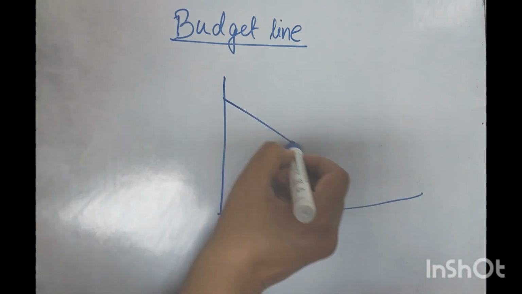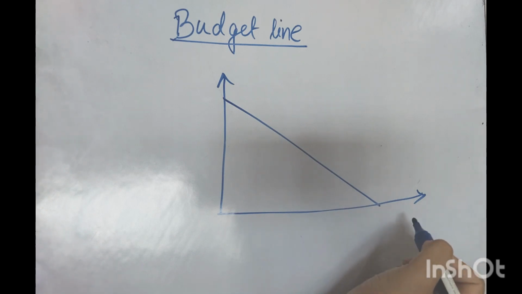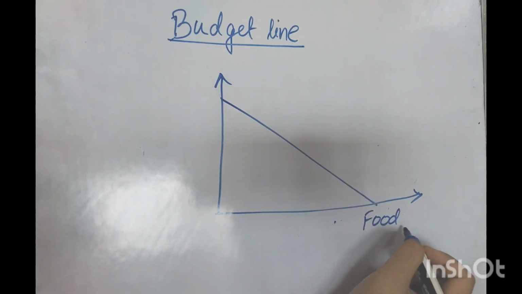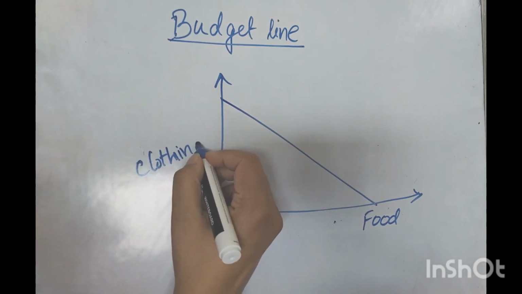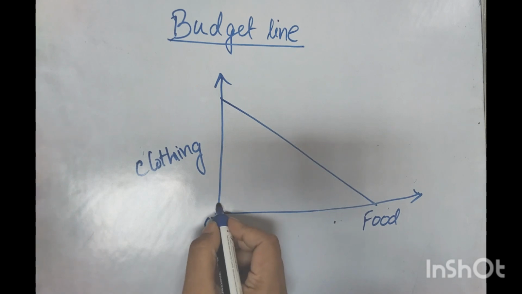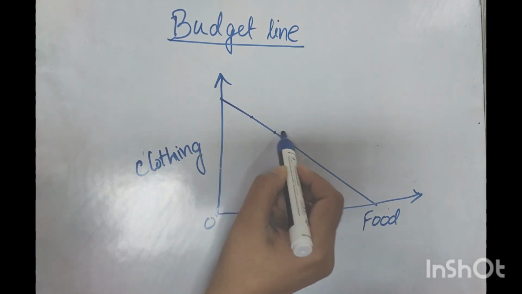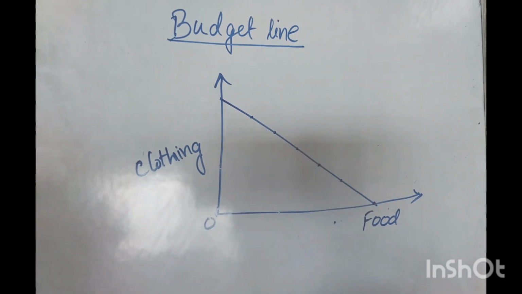Suppose we have drawn two axes and measure food on the x-axis and clothing on the y-axis. This is the origin, and these are the different points on the budget line.